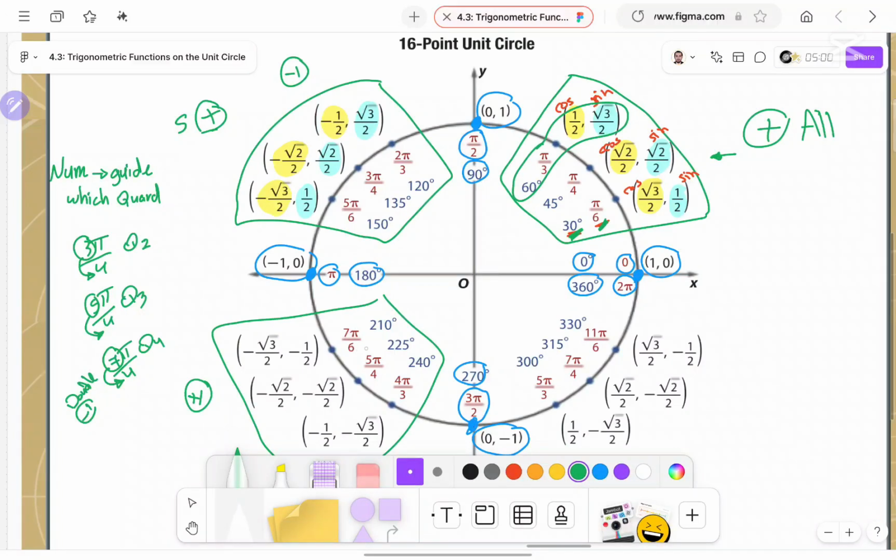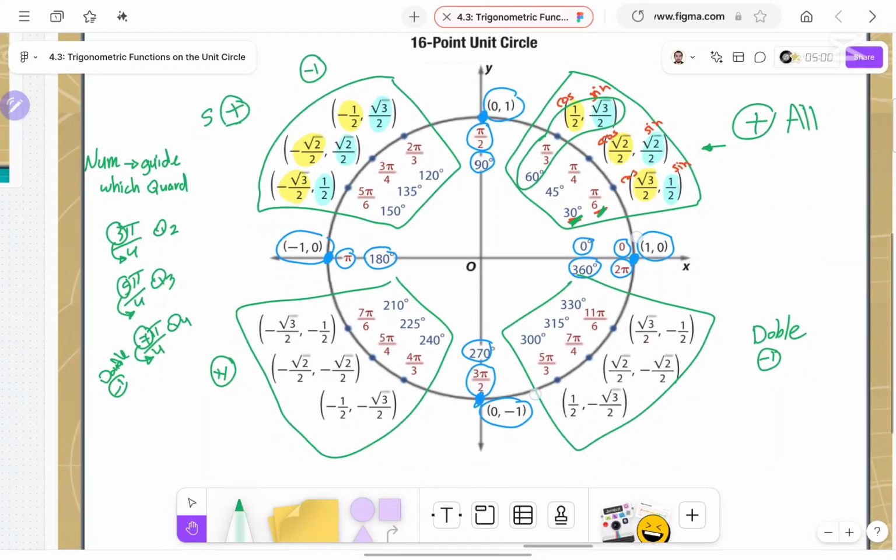So look here, 7 pi over 6, 5 pi over 4, 4 pi over 3. And in quadrant 4, the numerator is double the denominator, then minus 1. What's the double of 6? 12. 12 minus 1 is 11. Double of 4 is 8, 8 minus 1 is 7. Double of 3 is 6, 6 minus 1 is 5. So this is how you can memorize.